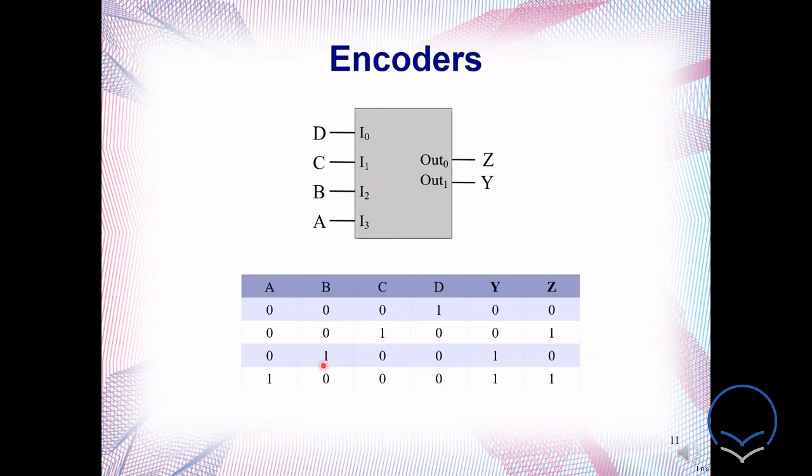If 1 0, it's selecting I2. If 1 1, then selecting I3. This is the typical truth table, so you can find the equation from here as well.